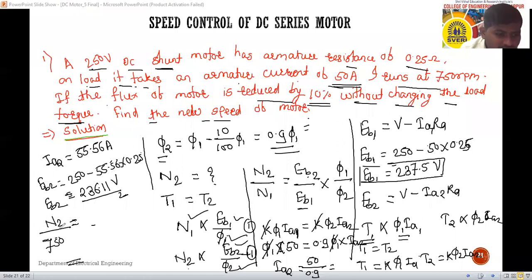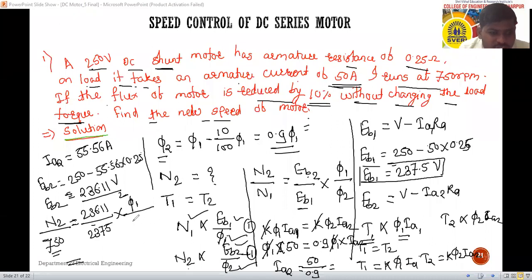ओके. See N2 divided by N1. N2 कॅल्क्युलेट करायचं आपल्याला. N1 दिलेला आहे. EB2, 236.11 divided by EB1. EB1 ची व्हॅल्यू काय आहे? 237.5 into phi 1. We can write the phi 1 as it is.